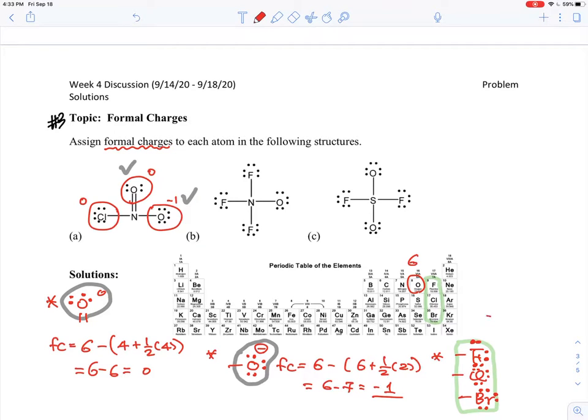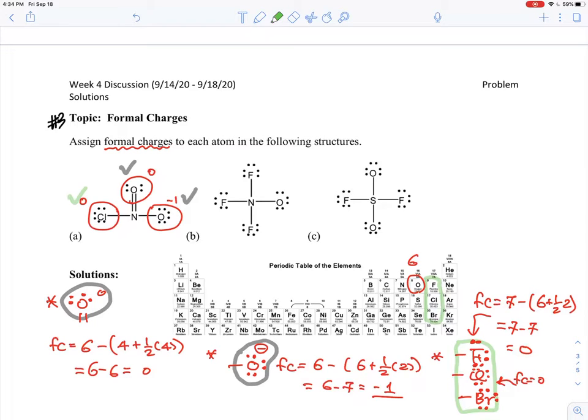And because this is a halogen, the formal charge is 7 minus 6 lone pair electrons minus half of the bonded electrons, which is 1. That's 7 minus 7, which is 0. So all these formal charges are 0, and that's what this one is about.